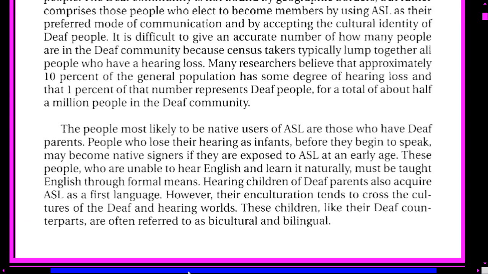If they are exposed to ASL at an early stage, these people, who are unable to hear English and learn it naturally, must be taught English through formal means. Hearing children of deaf parents also acquire ASL as a first language.